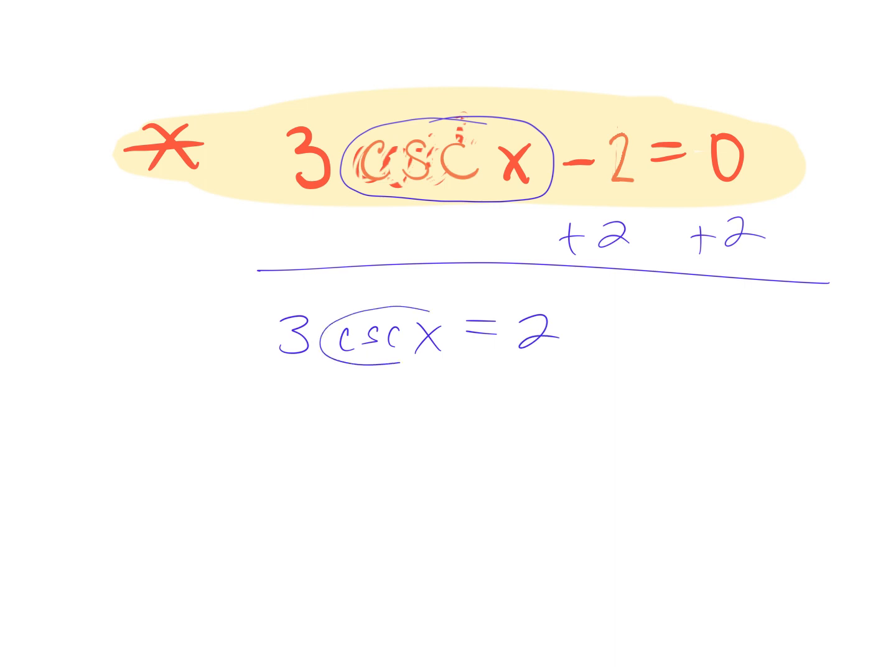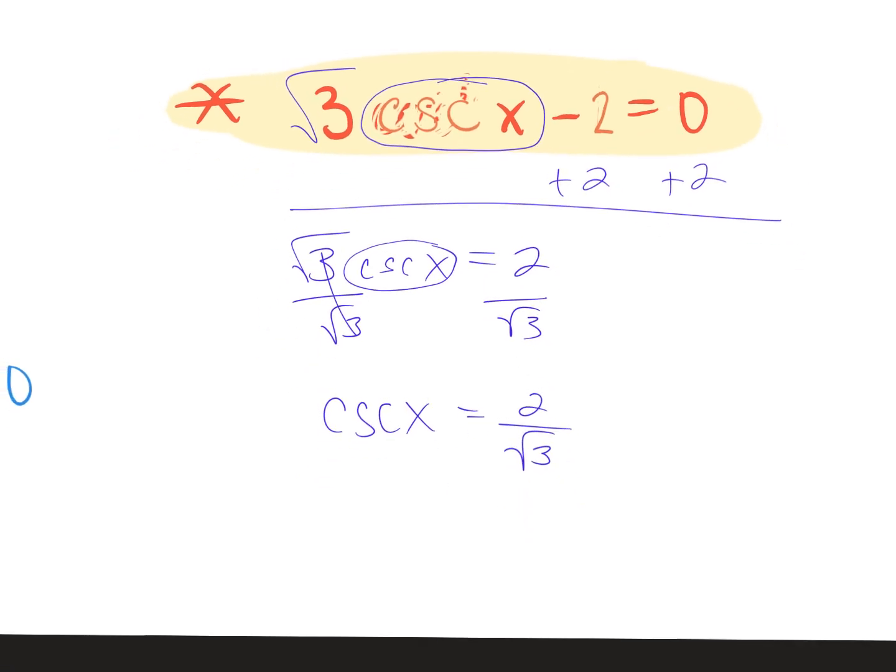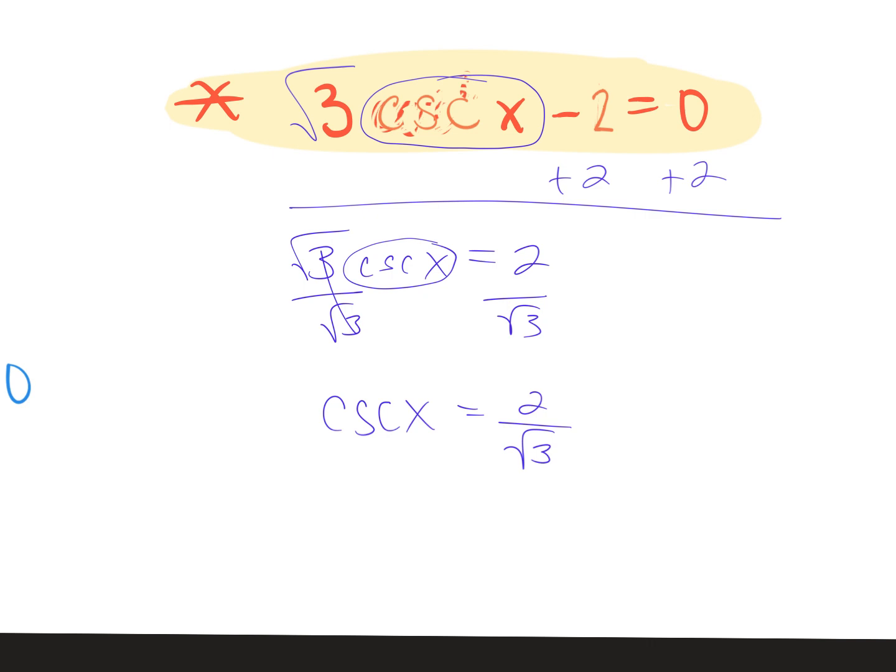I still want cosecant by itself, so what do I do? I divide. Oh, actually make this the square root. So you have cosecant x equals 2 over square root of 3. Now before you guys are like, oh gosh, I have to rationalize and all this stuff.